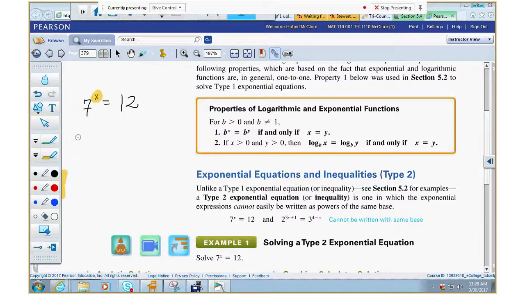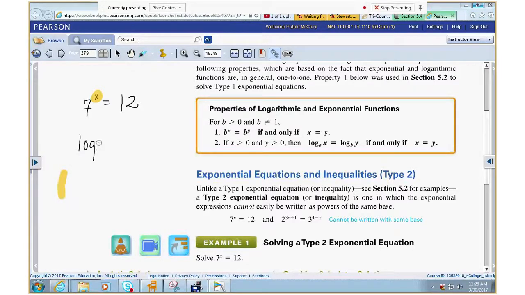So log of 7 to the x power is equal to log of 12, or natural log of 7 to the x power is equal to the natural log of 12. Either one of these, whichever one you want to do.